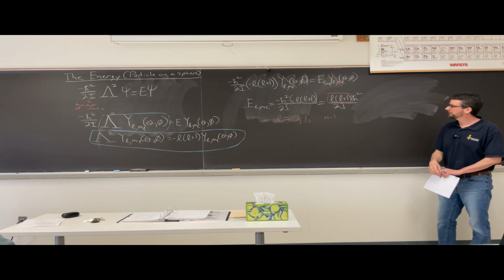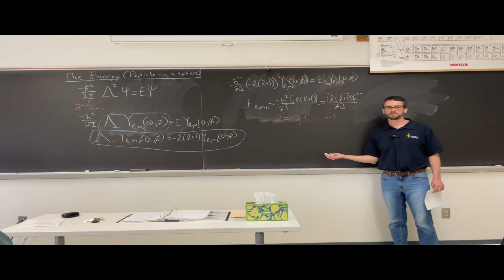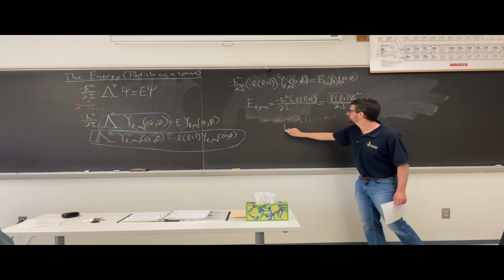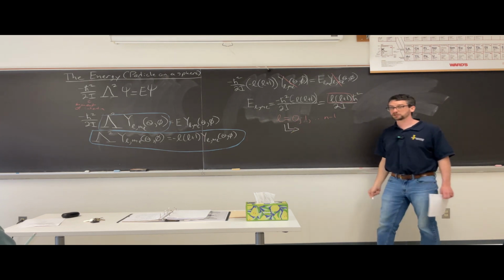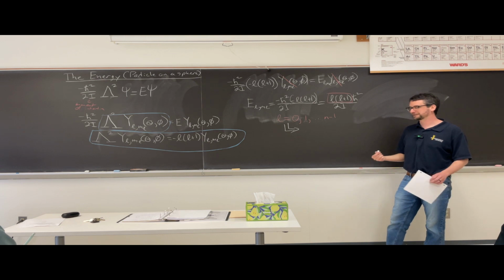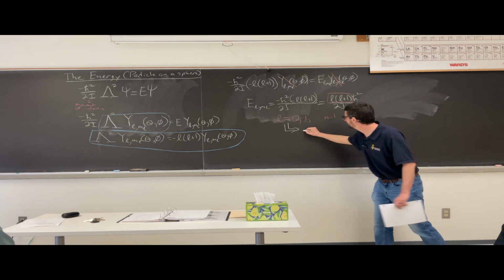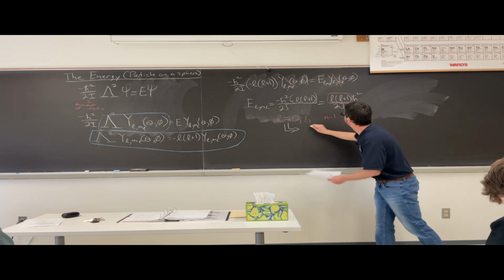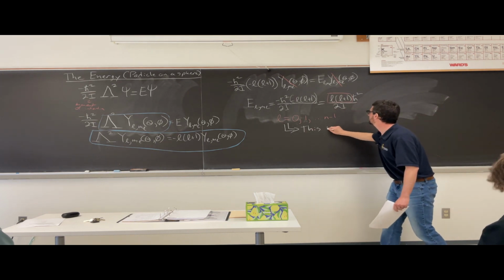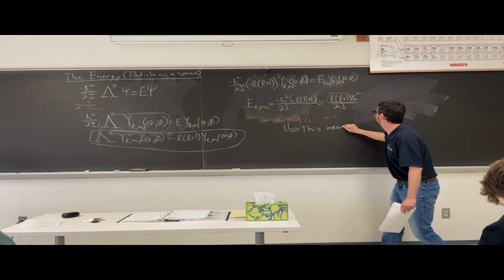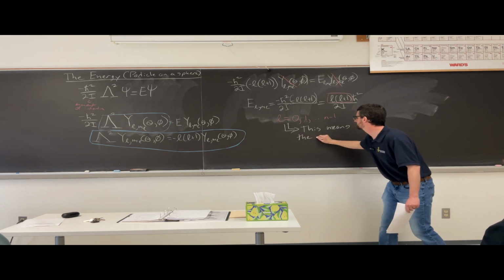So you can only have these values. What does that mean? Or what does this show in comparison to classical physics? Yeah, it's quantized. So this means the energy is quantized.